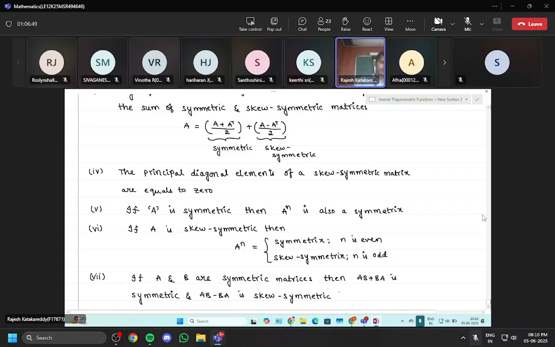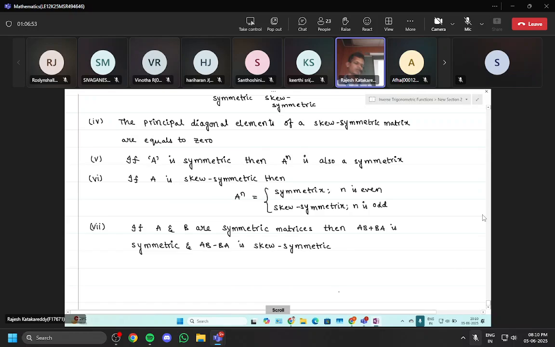So these are all the properties. Let us solve some problems on this. We have problems asked on the properties of symmetric and skew symmetric in both Mains and Advanced.